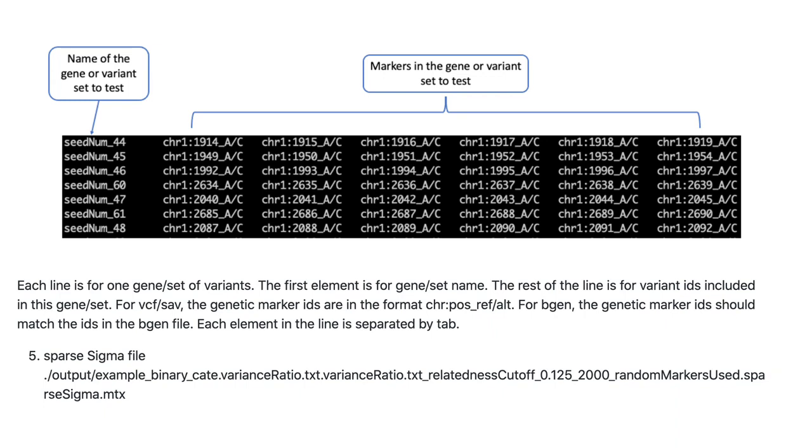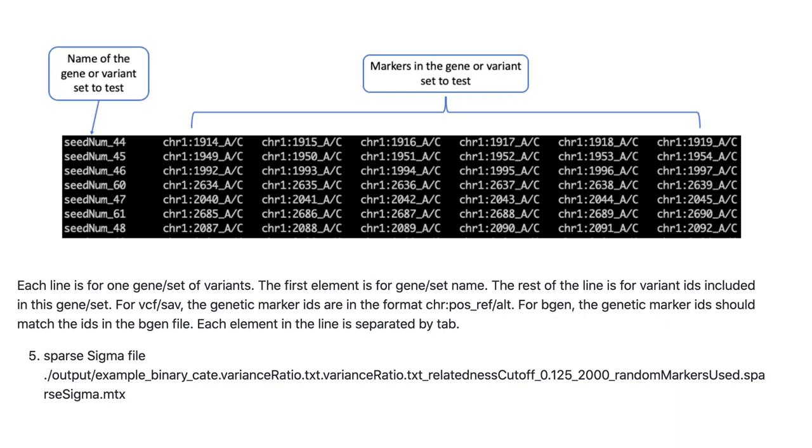For VCF or SAV input, the genetic marker IDs should be in the format chromosome, position, ref, alternate allele. And for BGEN file, the genetic marker IDs should match the IDs in the BGEN file. And each element in the line is separated by tab.